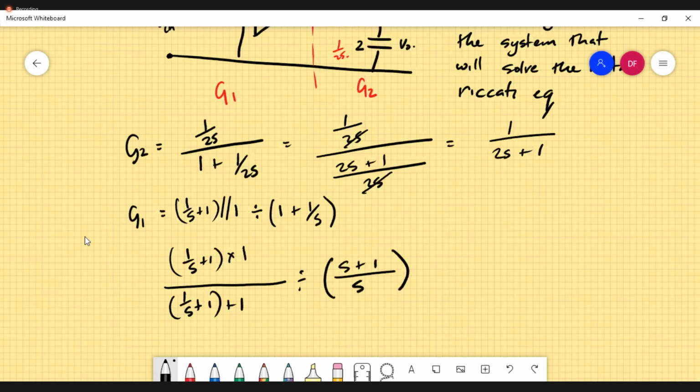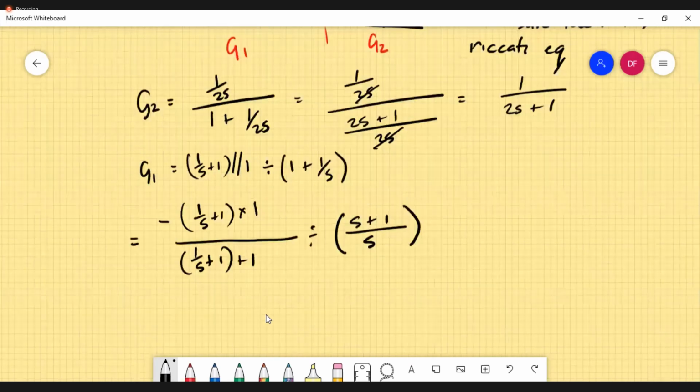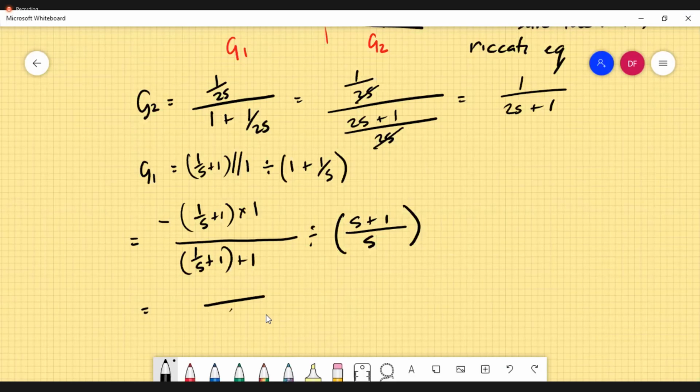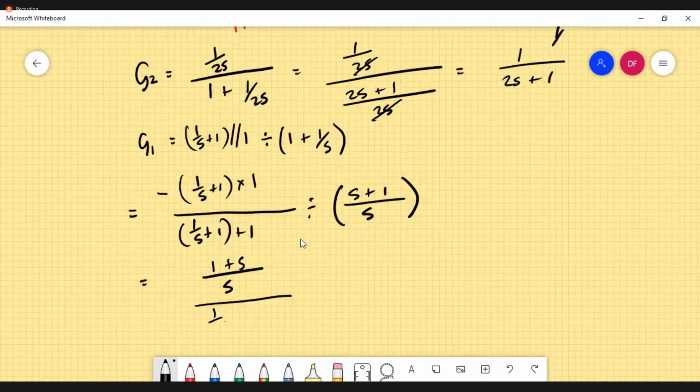We have to put the minus sign somewhere. So this times 1, common denominator is s, 1 plus s over 1 over s, plus 2.